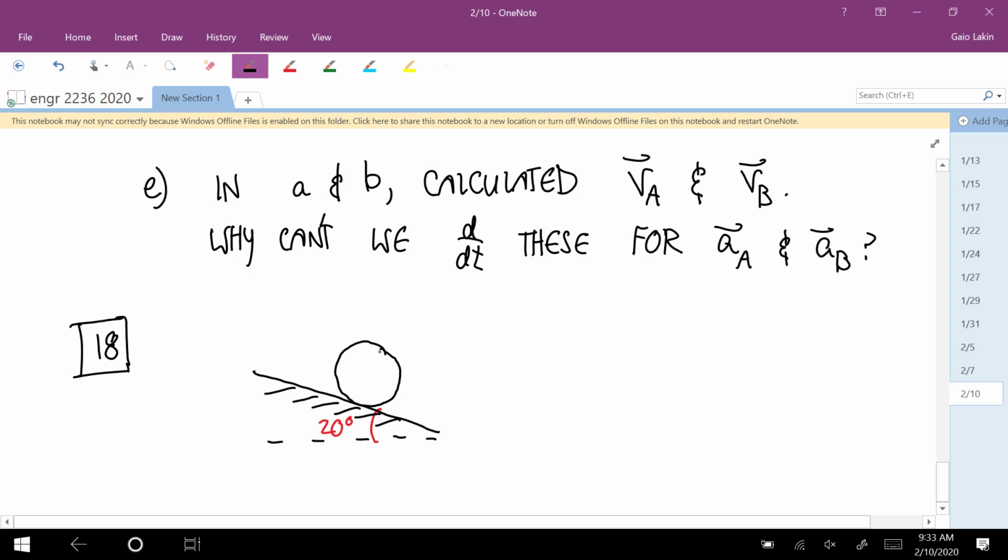You're given that the angular velocity is 20 radians per second. It's rolling down, so this is 20 radians per second. And gravity is making it speed up, so the angular acceleration is also going this way at 15 radians per second squared. Let's call that center.